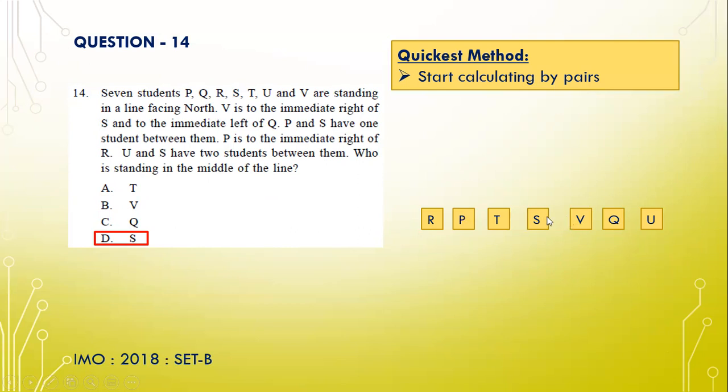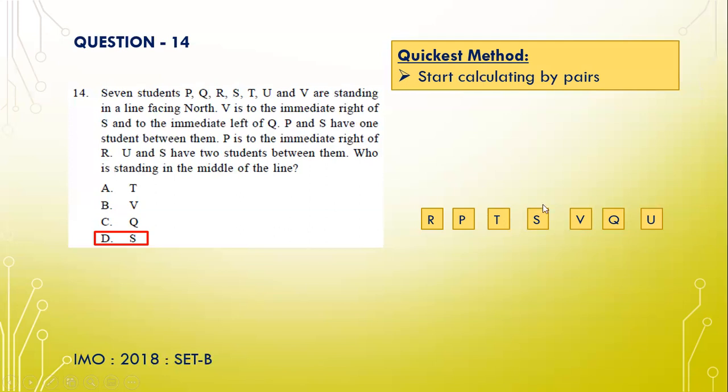So let's see, P and S have one student between them. We don't know what is the student. P is to the immediate right of R, and U and S have two students between them. So Q and V are two students. So what is only remaining? So only remaining is T. So T will be between P and S, and this is how the position will be.